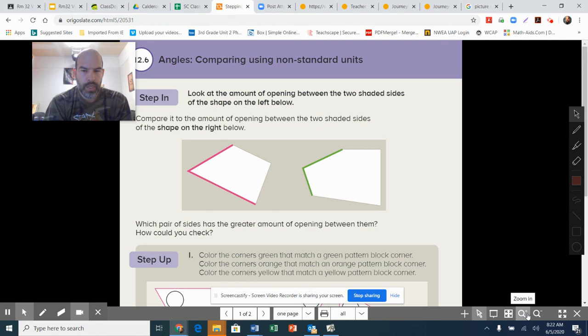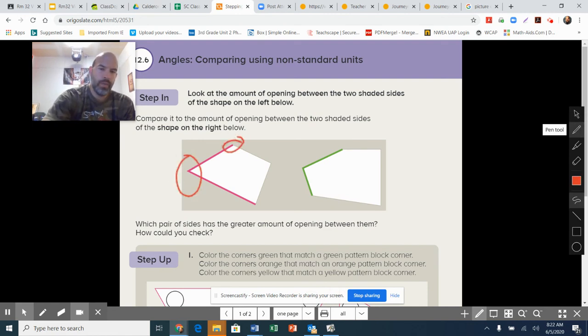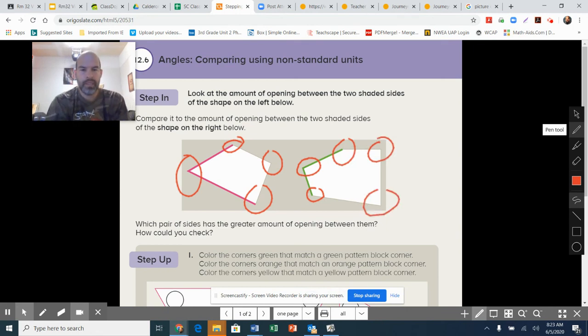When you look at those and you count them, what do you see? Can you see that this one has one opening, two openings, three openings, four openings? This one has one opening, two openings, three openings, four openings, five openings. So the one on the right has more openings, right?